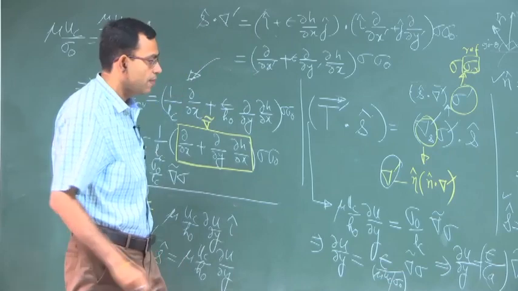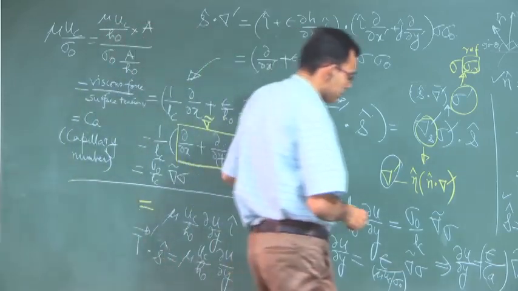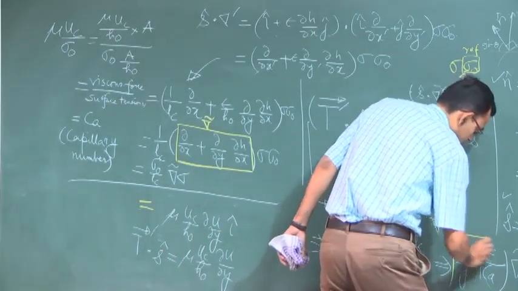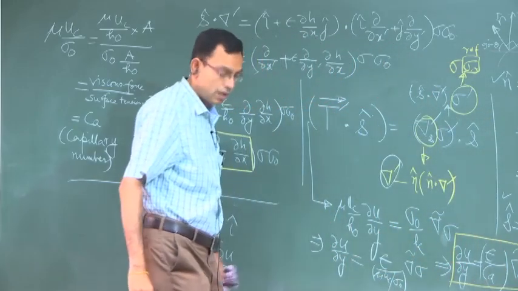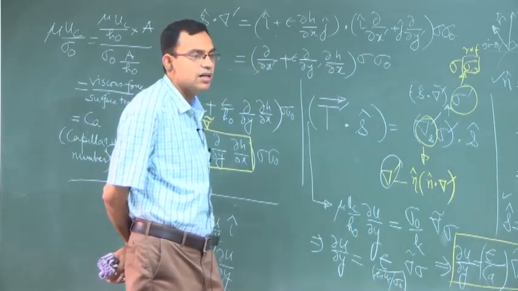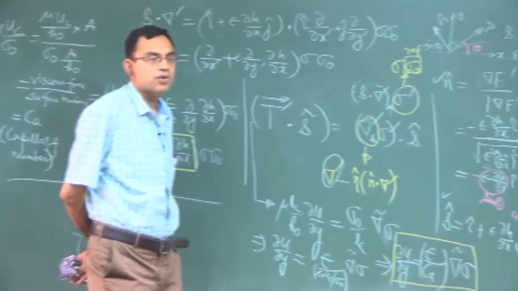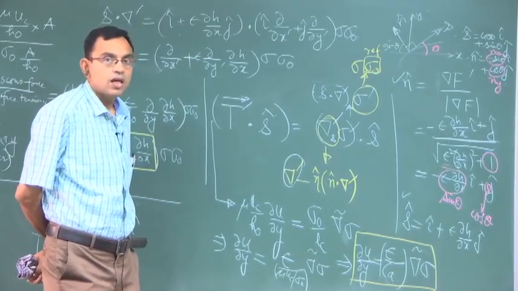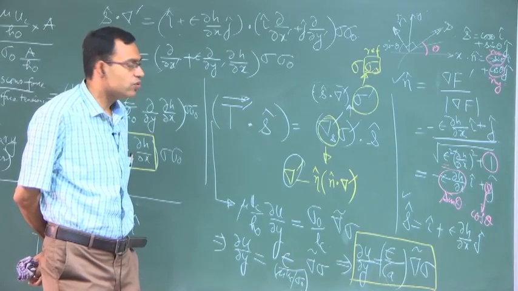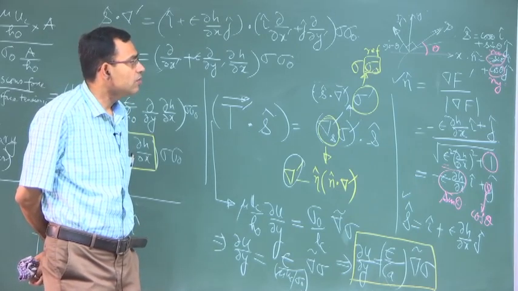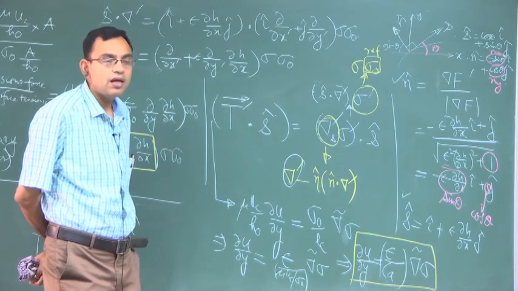So, this is regarding the tangential force balance. In the next lecture, we will see how to write the boundary condition for normal force balance in a dimensionless form. Thank you very much.